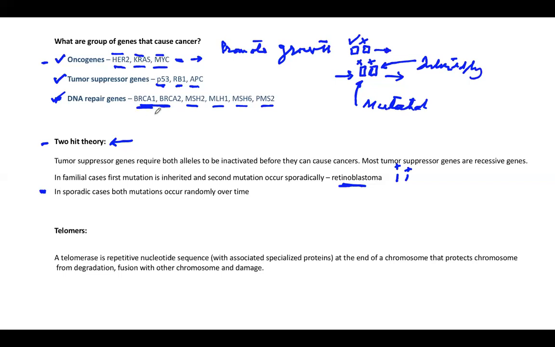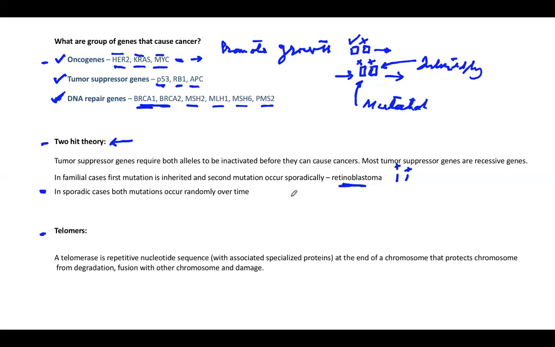These are the genes that repair DNA, and when these are defective, they predispose to cancer. So oncogenes, tumor suppressor genes, and DNA repair genes.